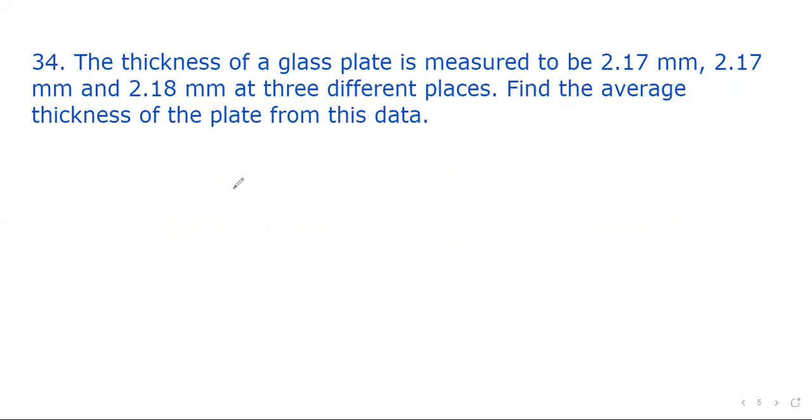Question number 34. Thickness of a glass plate is measured to be this much, this much, this much. We have to find out the average. So A was 2.17 plus 2.17 plus 2.18 divided by 3.